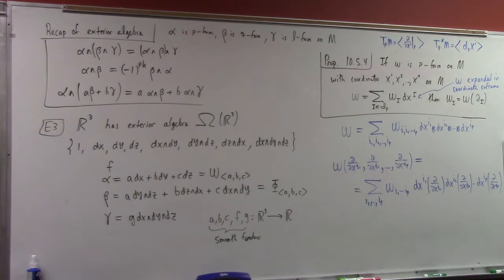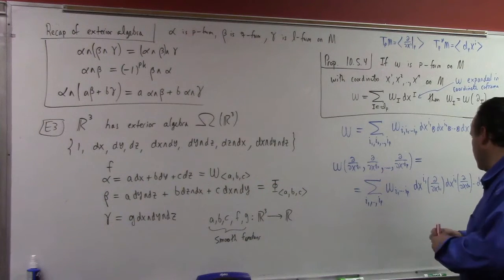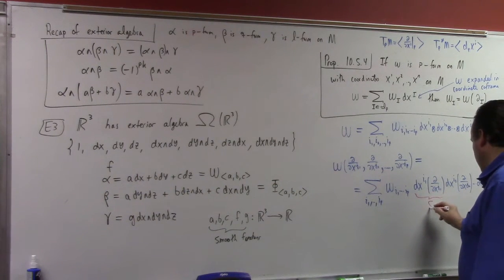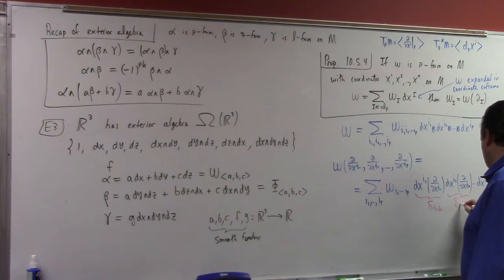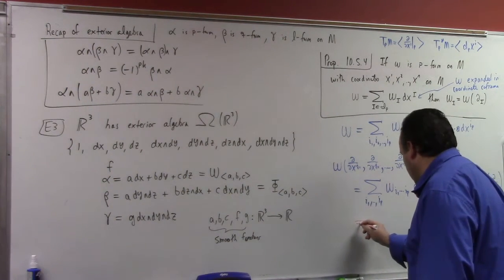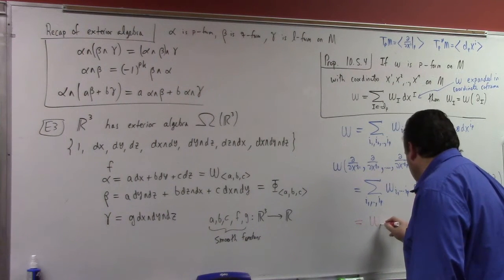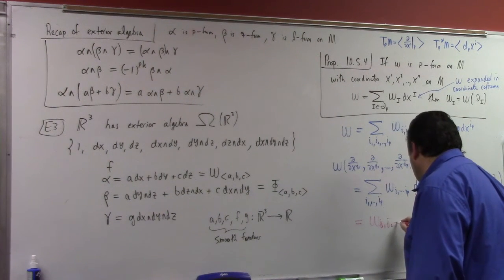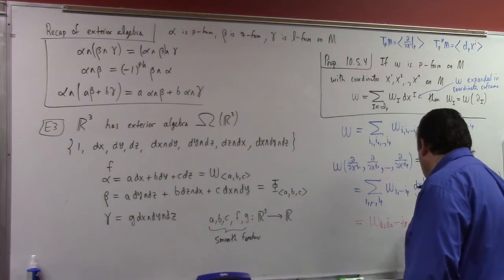But as we discussed last time, the differentials are the dual basis for the coordinate derivations. So those are all Kronecker deltas, right? Like this is Kronecker delta I1 J1, Kronecker delta I2 J2, Kronecker delta IP JP, and of course all we get is omega J1, J2, ..., JP, which is the claim of the proposition.